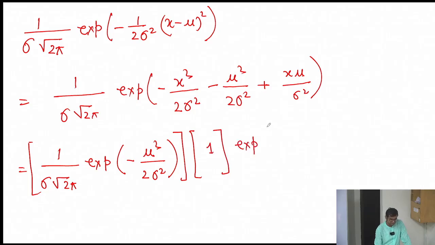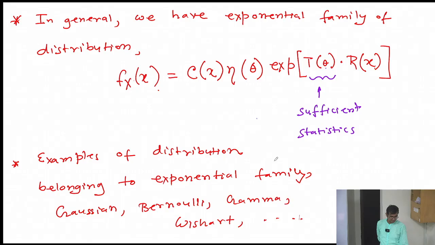Now what remains inside the exponential? Minus x square by 2 sigma square plus x mu by sigma square. So now remember we have to write it in form T theta dot Rx. That's the dot product.